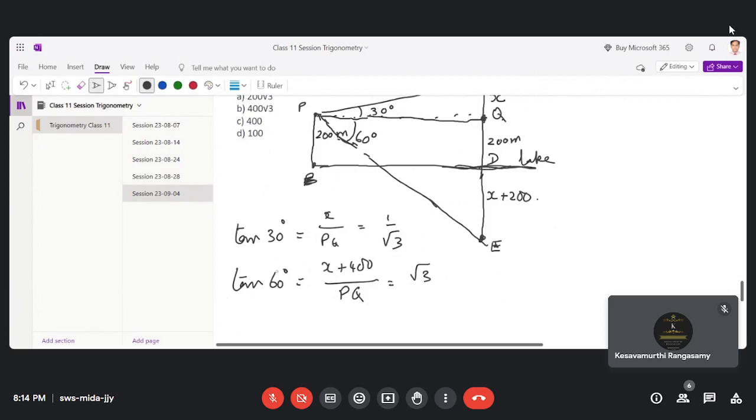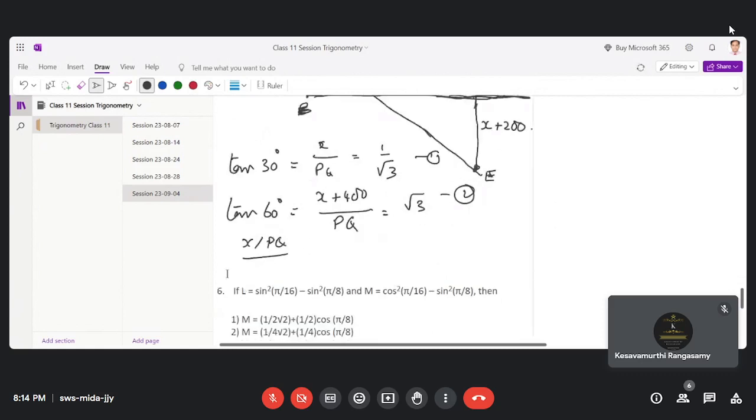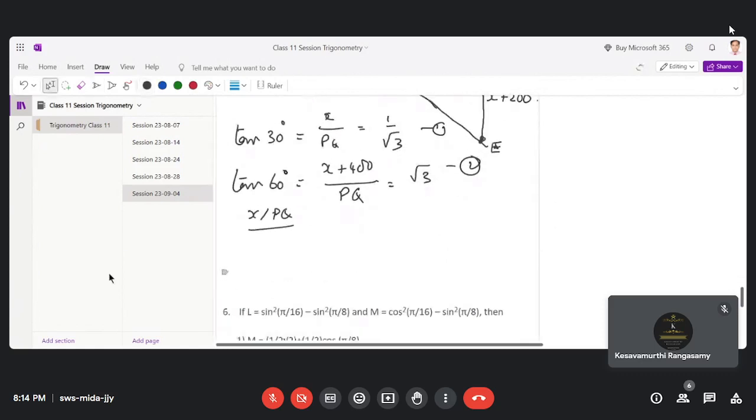Okay. So let's proceed. Now divide 1 by 2, similar to what we did in another problem also. So when you divide, what do you get? X by PQ divided by X plus 400 by PQ is equal to 1 by root 3 divided by root 3.